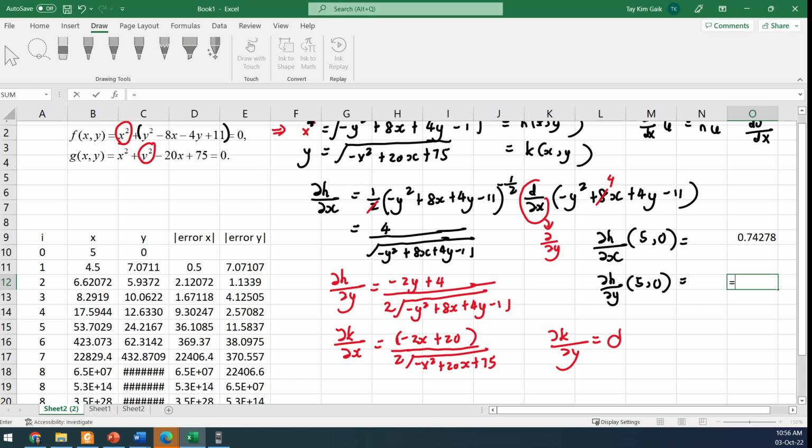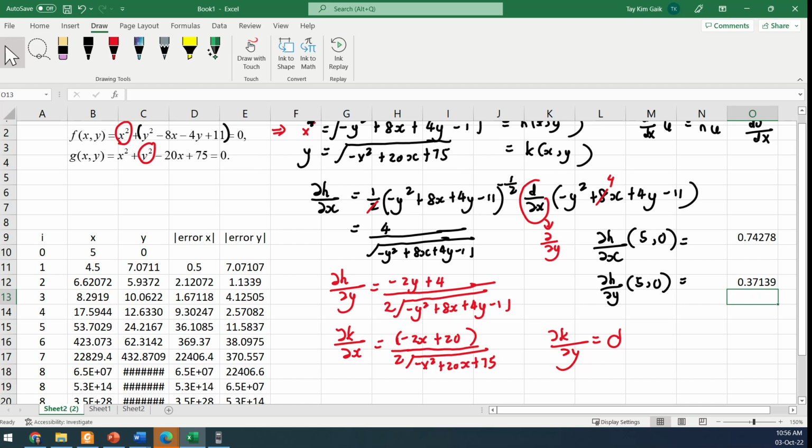So you plug in y equal to 0, and we get 4 divided by 2, so I get 2, divided by the bottom, the same number, the square root of y equal to 0, so 8 times 5 is 40 minus 11.